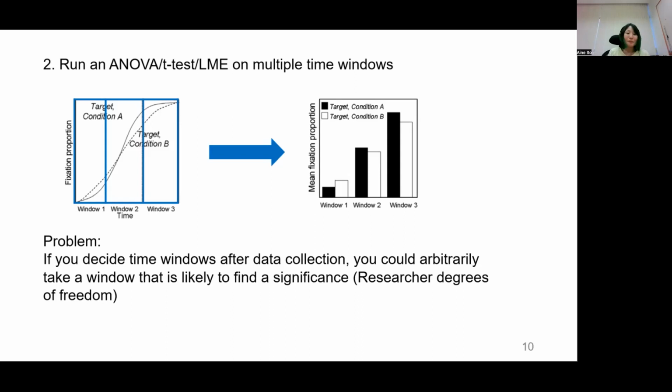But that is what is called researcher's degrees of freedom. If you do such a thing, then the results might not really replicate, because you chose the best window for your data, but data, of course, changes every time you run the experiment. So it's not really ideal to take the best window for your data.